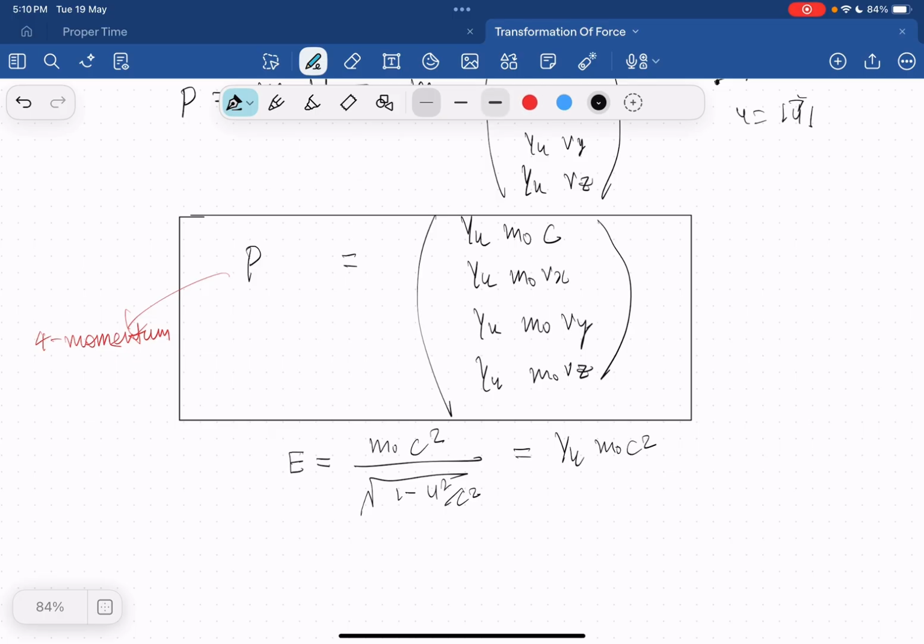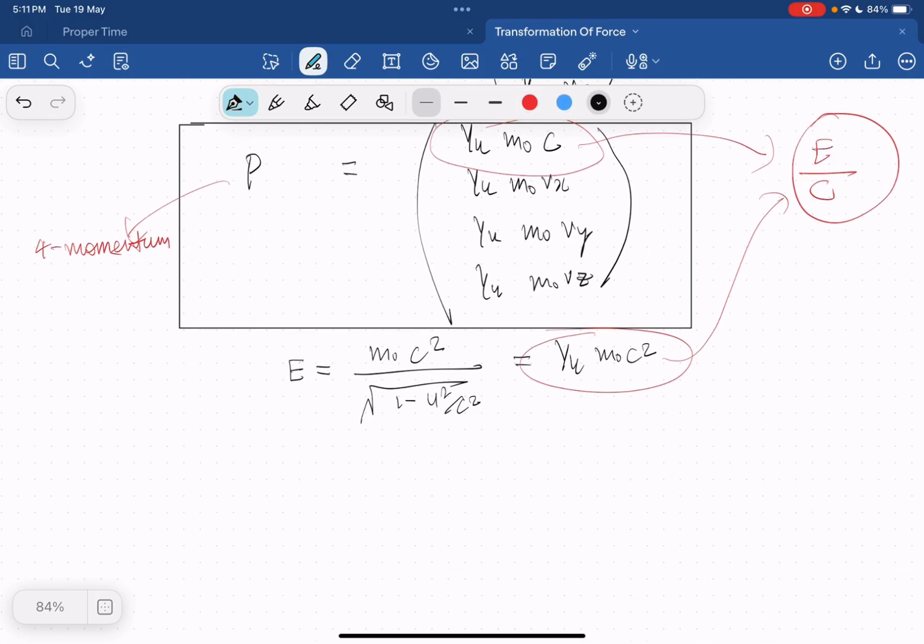As you can see, this quantity and this quantity look similar. They differ by a factor c. Actually, this quantity, as you can compare, is nothing but E divided by c, right?